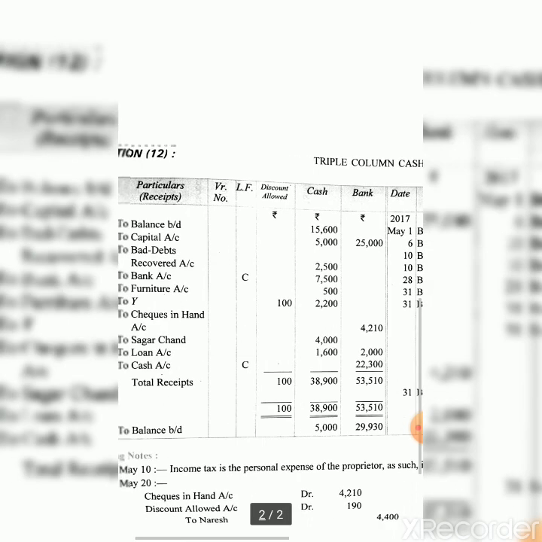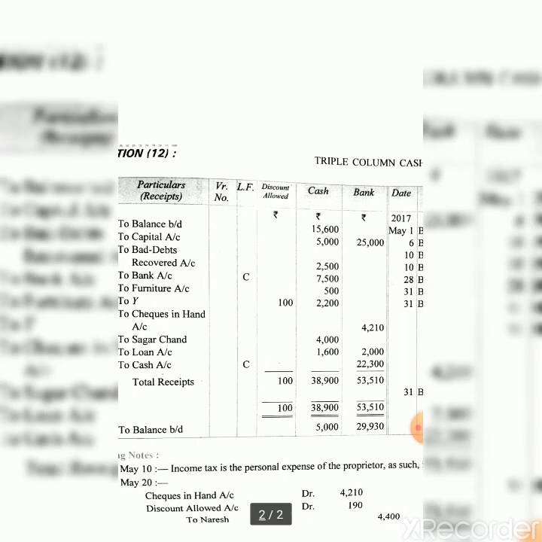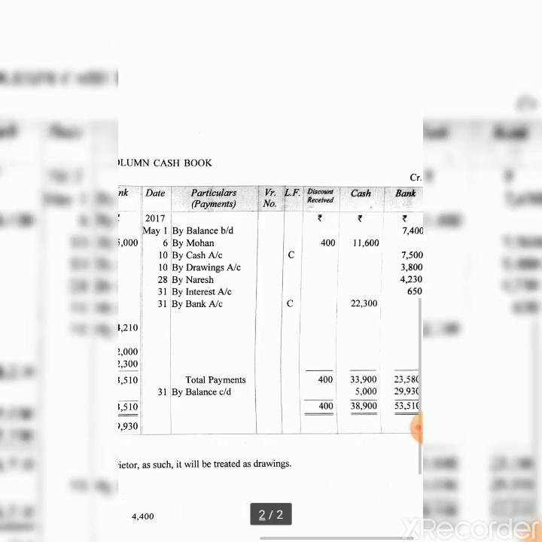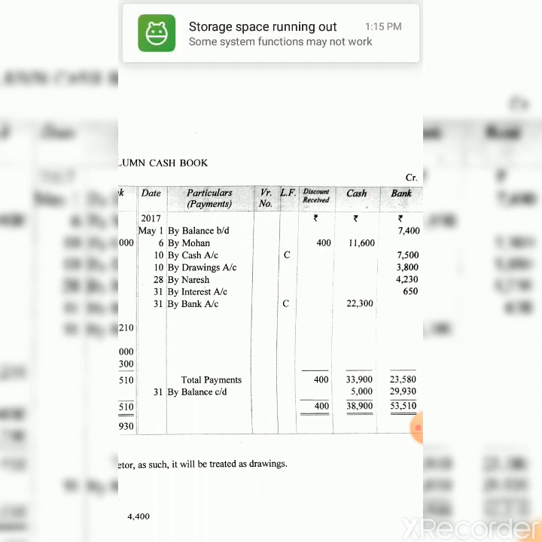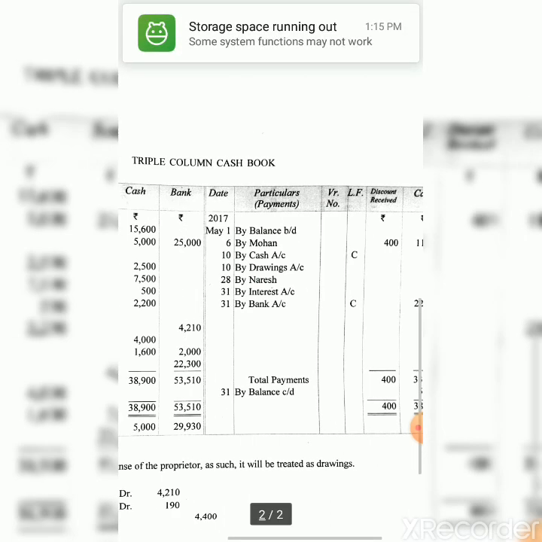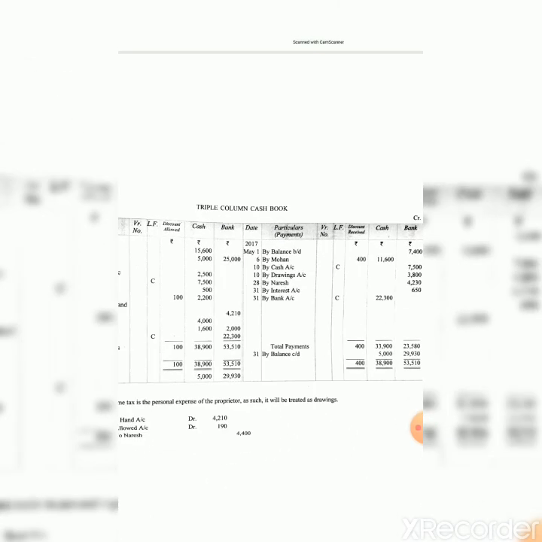So here what we can do, that 5000 we can write in as a balance at first in the balance column, and then we can calculate what is the amount remaining. So how this is adjusted, let's see. You can do it in rough also, that at the end of the month you should balance the cash column.